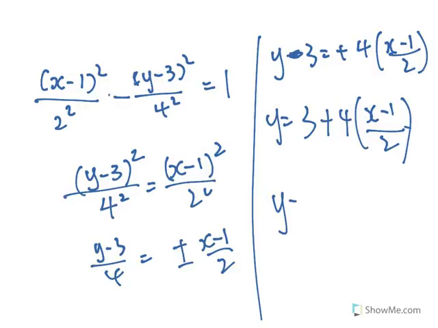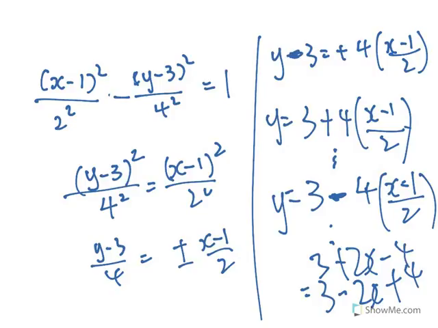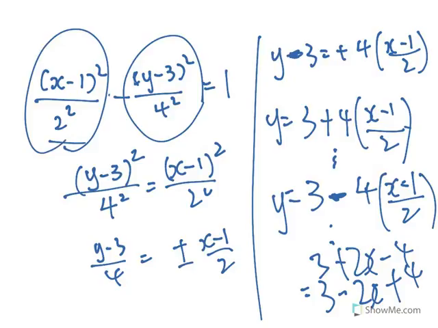The second one will be y equals 3 minus 4(x minus 1) over 2. You just simplify, so you get 3 minus 2x plus 2, or 3 plus 2x minus 2. Just equate left to right, equate these two.